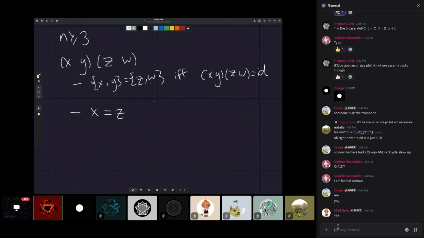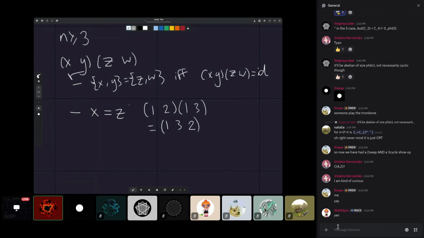We can do an example. If you have (1 2)(1 3), what do you get? 1 goes to 3, 3 gets fixed, so 1 goes to 3, and then 3 goes to 1, and 1 goes to 2, so 3 goes to 2. Then put in 2: 2 gets fixed by this one, 2 goes to 1, so that's back to there. You get a 3 cycle.